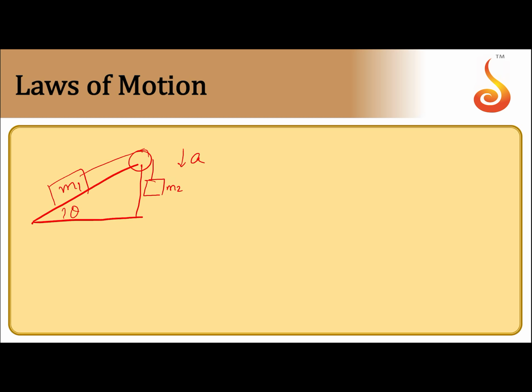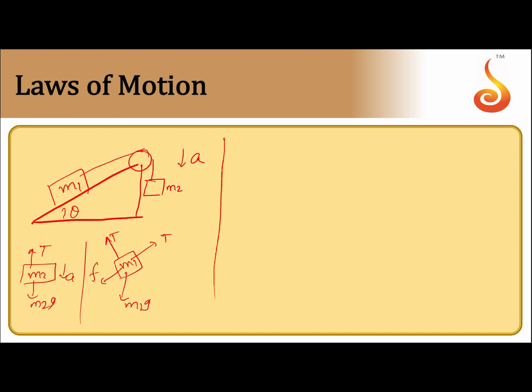Then what are all the forces? On M2 we have M2g, T, and it accelerates down. M1, what are all the forces? M1g vertically down, normal reaction along this direction, T in this direction, and force of friction in this direction.